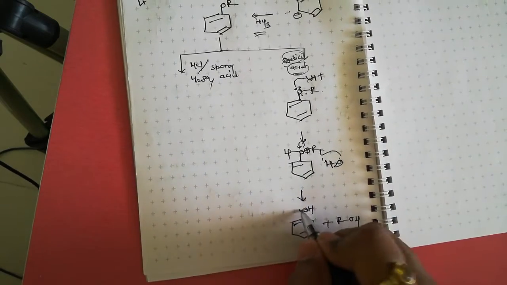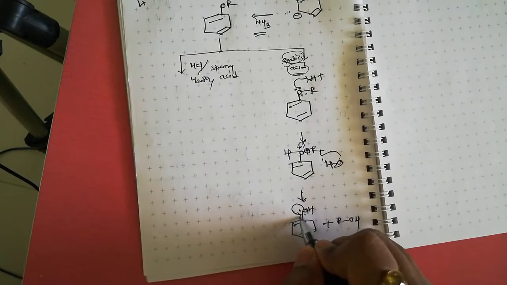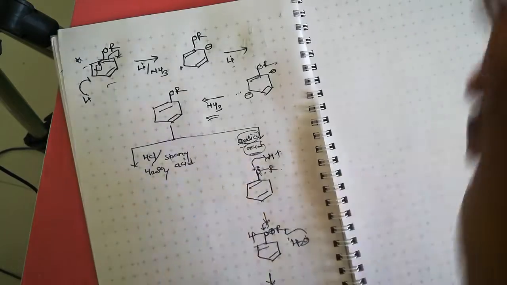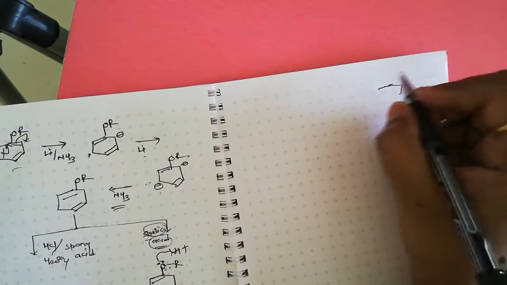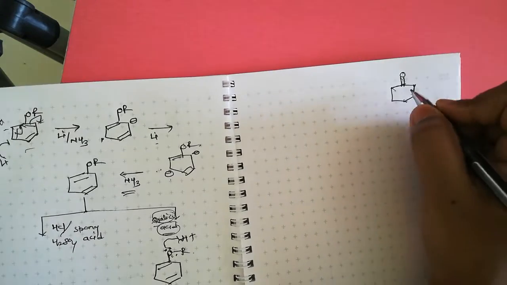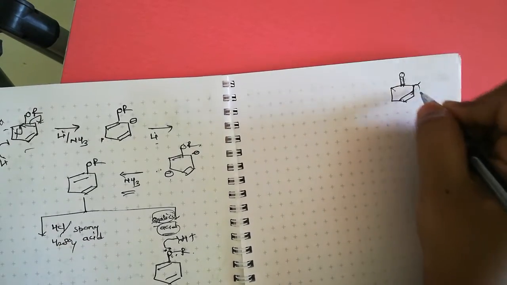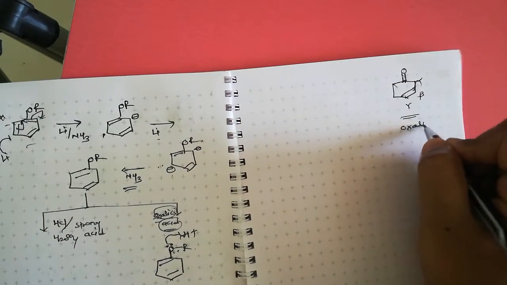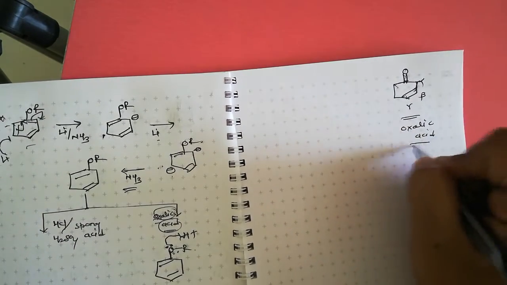Then this lone pair shifts here and this bond takes this proton and we get here O. Here is the beta gamma product. When there is oxalic acid, then we get the beta gamma product.